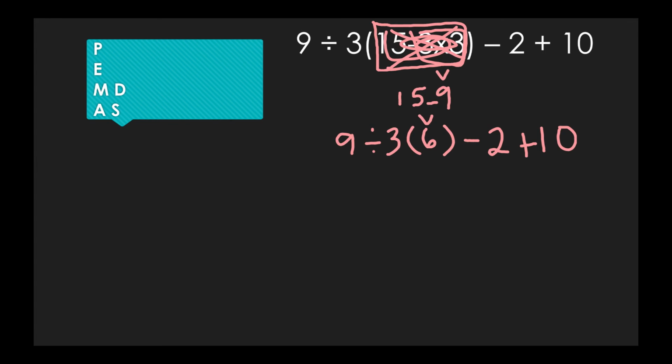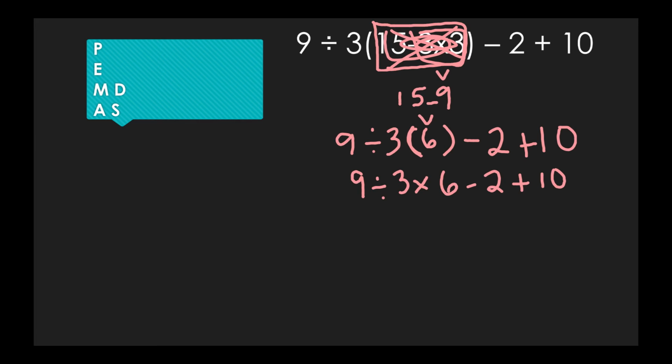So I'm going to change the parentheses to a times sign so that I don't get confused. Okay, so our new problem is 9 divided by 3 times 6 minus 2 plus 10.